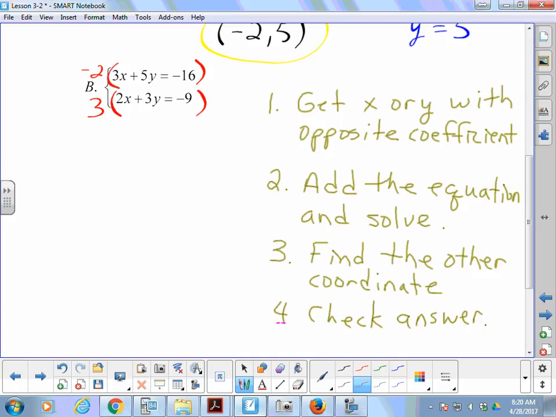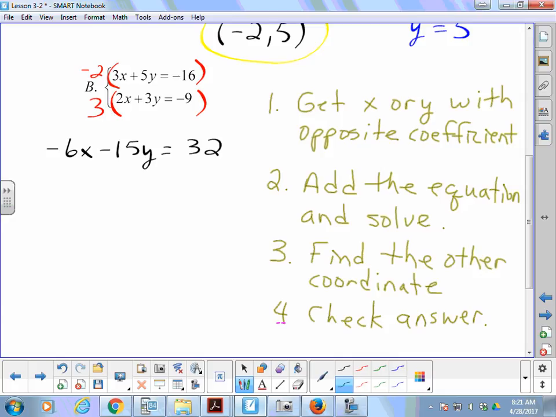Now I could have done the y's, and I would just multiply the first equation by -3, the second equation by +5. It's up to you which one you do. So now I get -6x minus 15y equals 32.